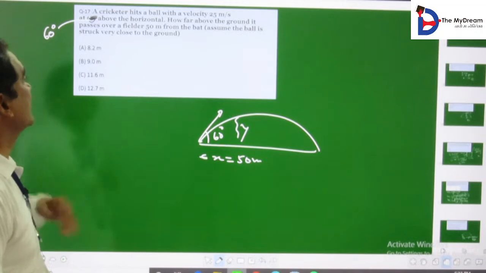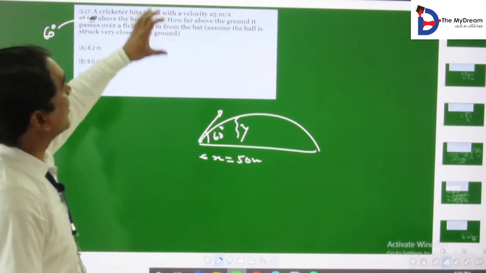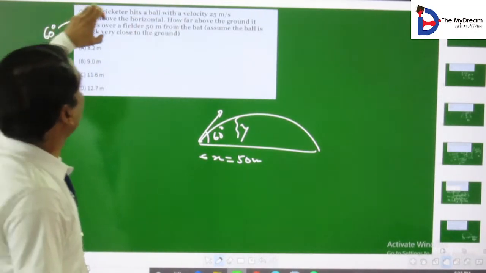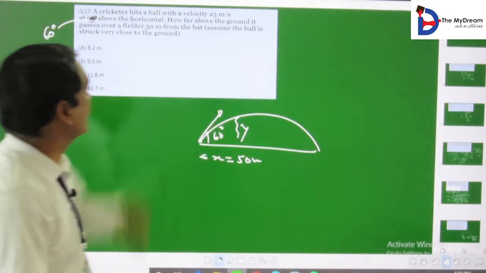How far above the ground does it pass over a fielder? How much height is it attaining? Now the fielder is 50 meters away. This is of 60. How far above the ground does it pass over a fielder which is 50 meters far?